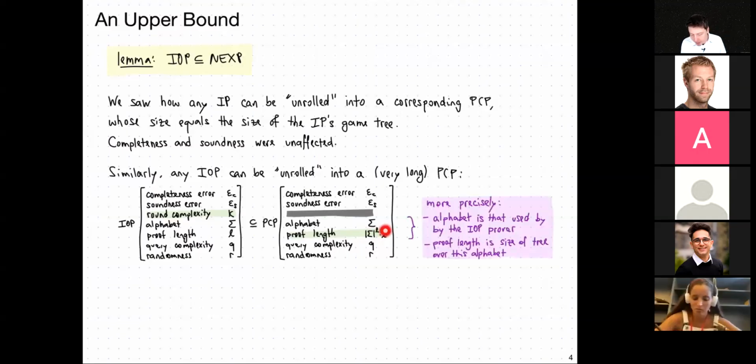And more precisely, this proof length is perhaps a bit confusing. There's a more precise bound you could write. The alphabet is the alphabet used by the IOP prover, and the proof length is the size of the tree over this alphabet.